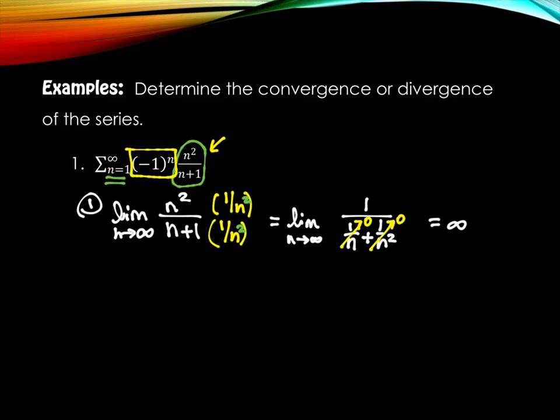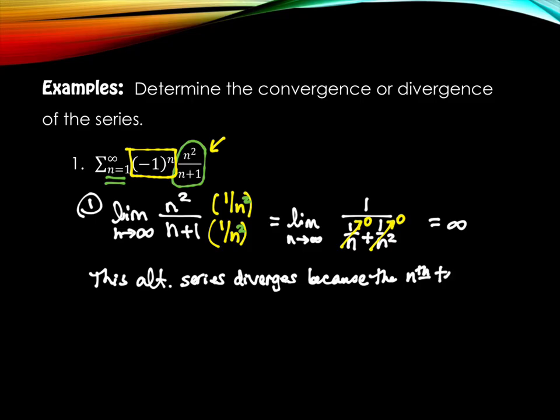Do we need to test condition number 2? No. What does this tell us? It diverges, right? So this is an alternating series. So this alternating series diverges because the nth term, or let me say it differently.